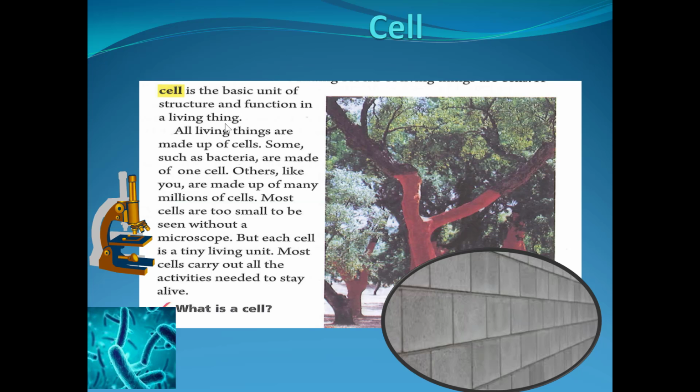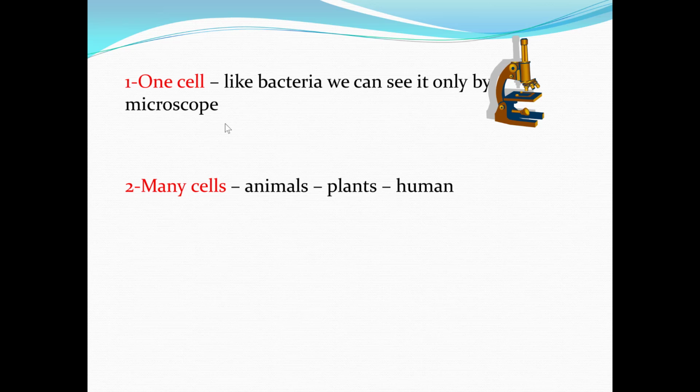But you should know that we have two types of living things: one cell and many cells. One cell, like a bacteria, we can only see by microscope, not by our own eyes. We can't see them because they are made of just one cell.